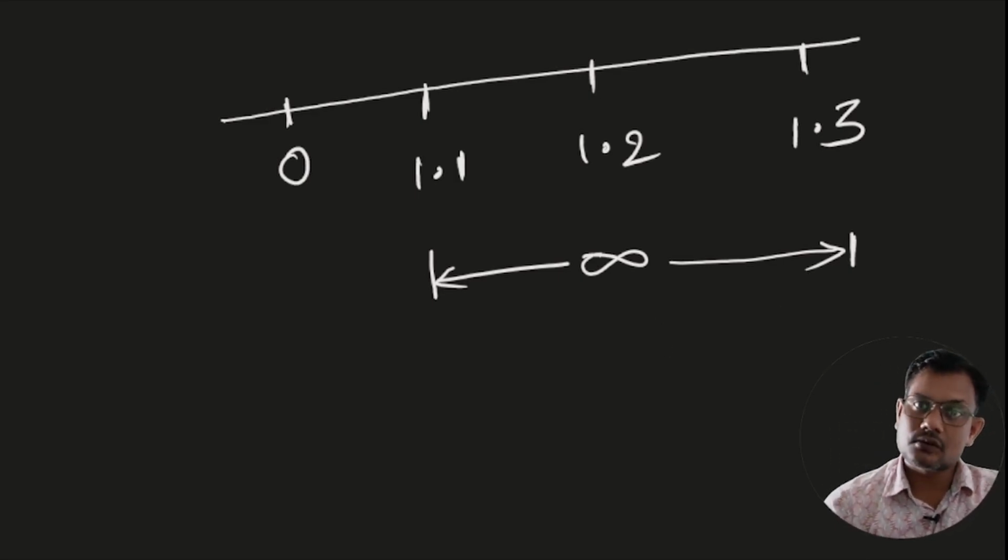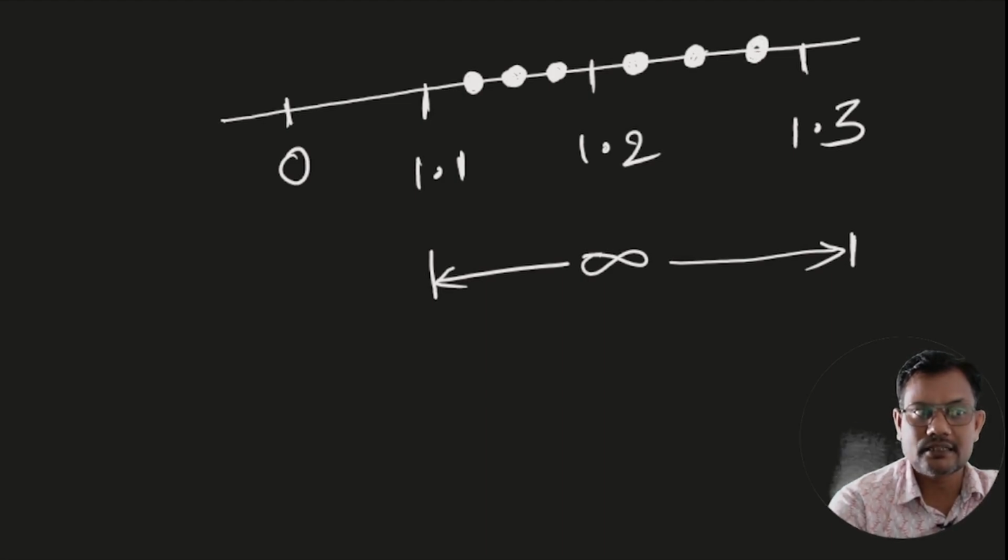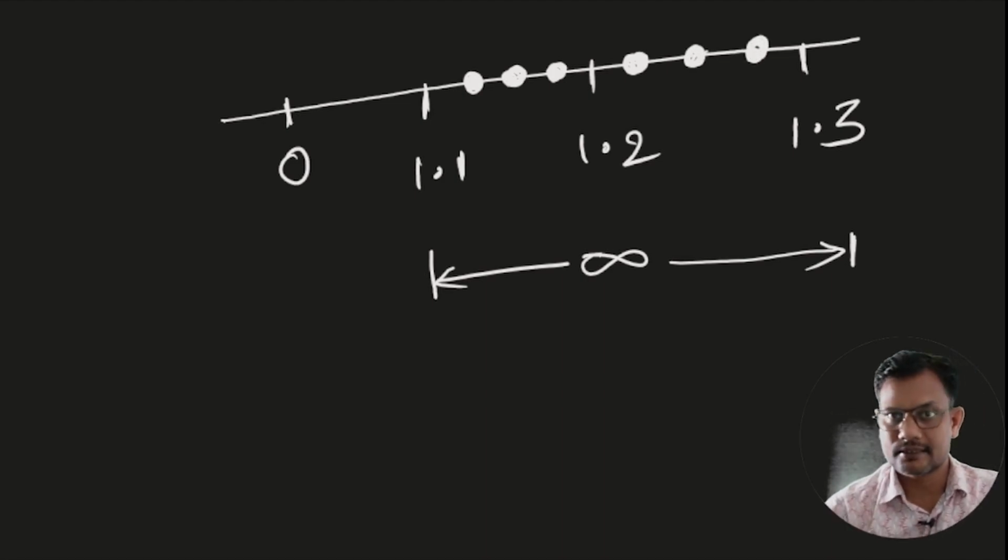And also we say that we still have a gap between these two numbers. That means we can also have a number here, any number. We can also have a number here.